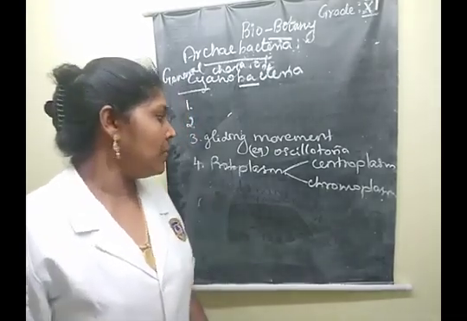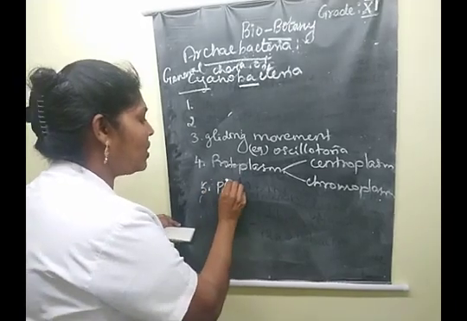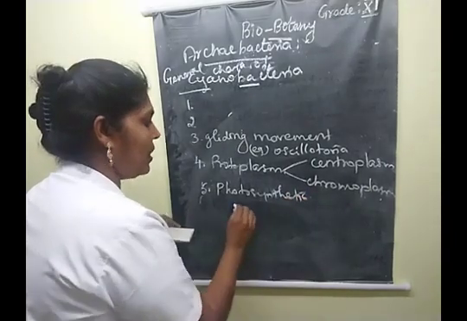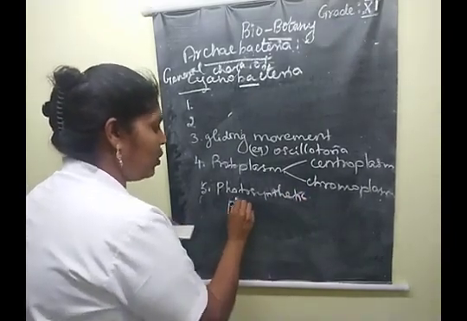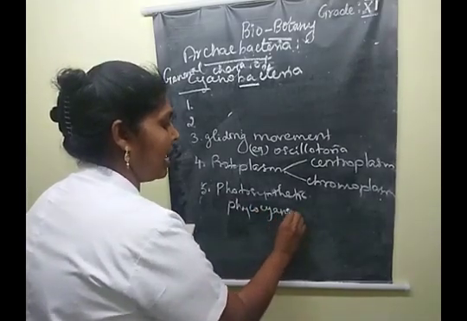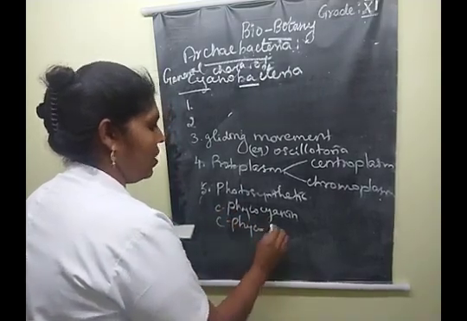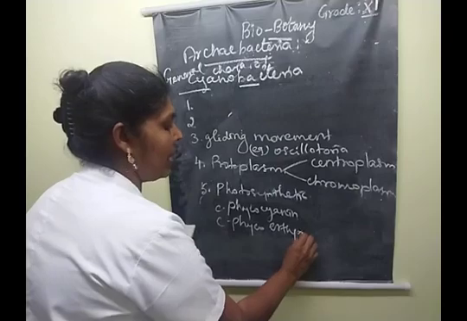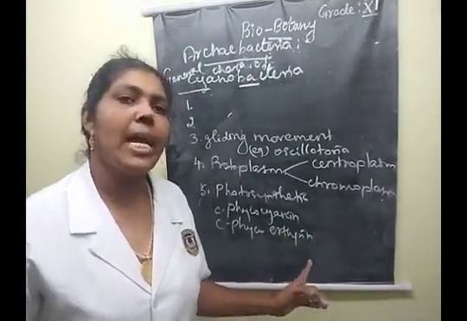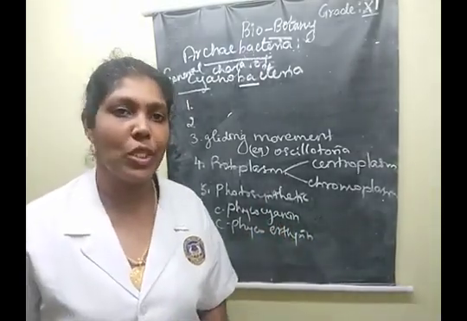The next one is the photosynthetic pigments. They have phycocyanin and phycoerythrin, along with myxoxanthin and myxoxanthophyll. Those are the photosynthetic pigments present.